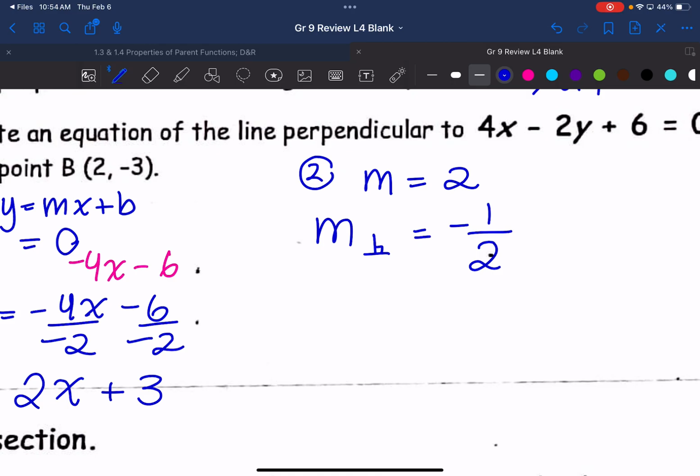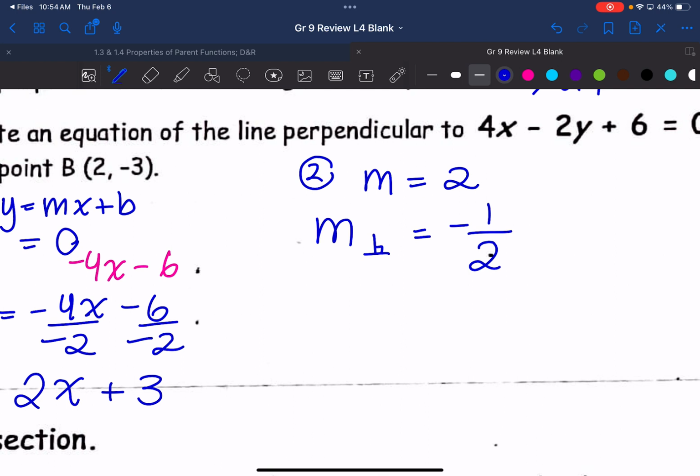Thank you, Freddie, for being the only one to answer. Right, so you're just flipping it and changing the sign. If it starts as a negative slope, the reciprocal will be positive. If the original is positive, the reciprocal will be negative. And if it's a fraction, see how you're just flipping.